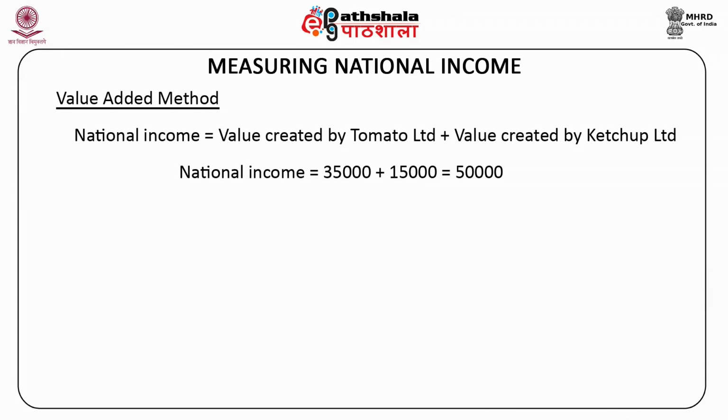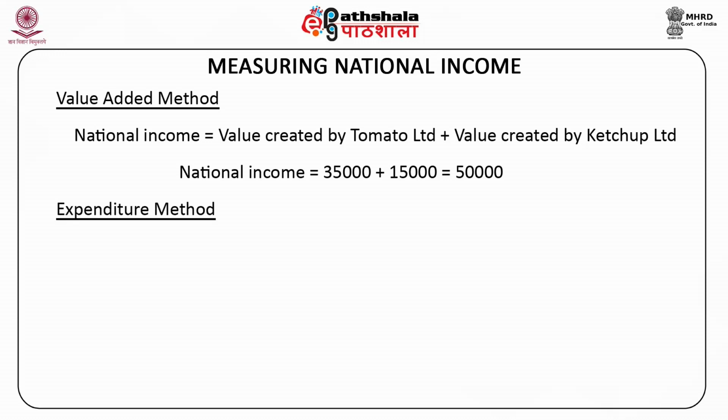This will be 15,000. Accordingly, the national income in such a hypothetical economy is equal to value created by Tomato Limited plus value created by Ketchup Limited, equals 35,000 rupees plus 15,000 rupees, which will be equal to 50,000 rupees.